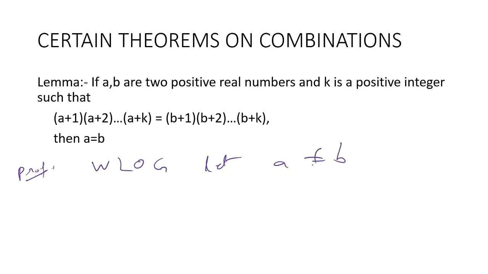If I assume that a is not equal to b, then I will get a contradiction. Why am I getting a contradiction? Because my assumption is wrong. So let us see whether we will hit a contradiction or not. A is not equal to b means a is greater than b, or b is greater than a. For the time being, let me assume that a is greater than b.